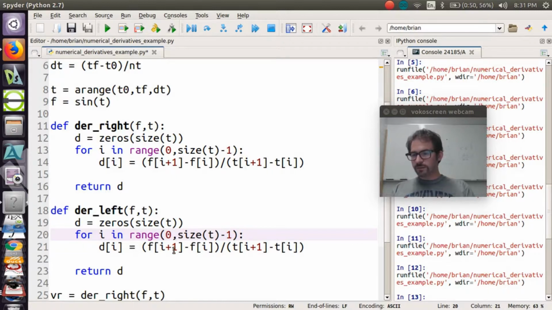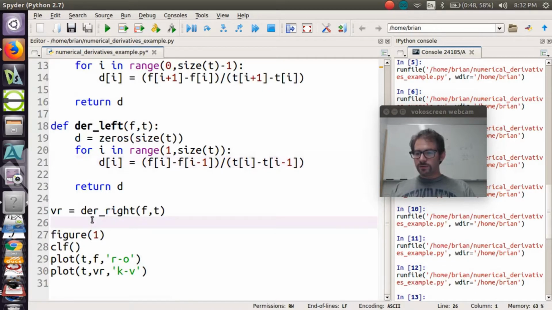So instead of 0 to size minus 1, it'll be 1 all the way up to size. And here we're going to take i minus 1 and i minus 1. That's what it means to be taking the slope on the left of point i.